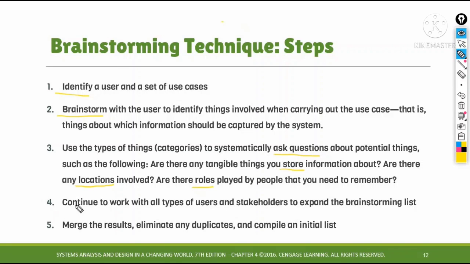And the fourth step is to continue to work with all types of users and stakeholders to expand the brainstorming list. As we've seen earlier in the figure, you can come up with a list of many different types of things.